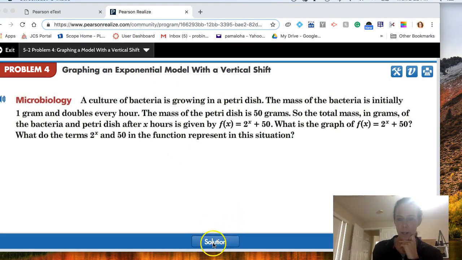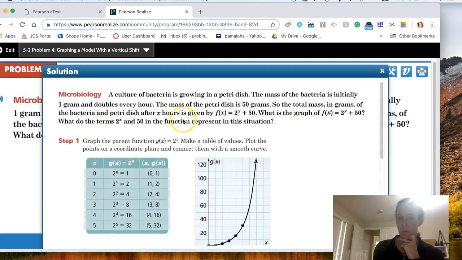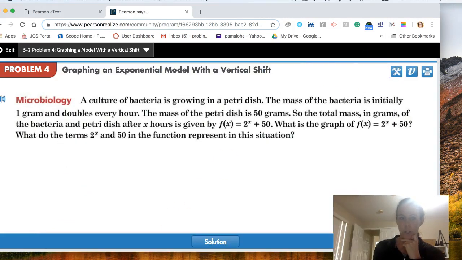Remember, you can click on it. There's a solution here where I can click on this, and if I click on the solution, it will pull up how to work this problem for you. Let's work it. It says this: a culture of bacteria is growing in a petri dish. The mass of the bacteria, initially 1 gram, doubles every hour.